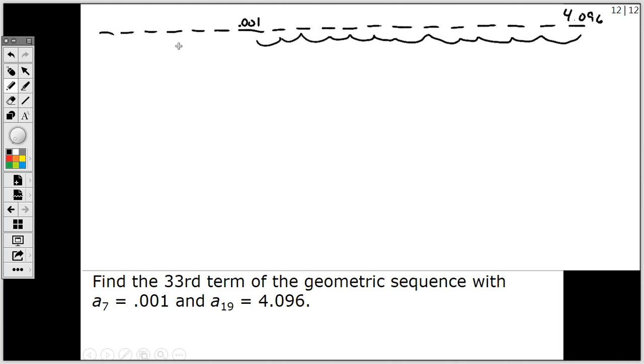So this is going to look like 0.001 times r to the 12th equals 4.096. So then I've got to divide by 0.001, which is going to move the decimals, right? And to take the 12th power, that's what I'm doing really here. Not 12th power, take the 12th root.